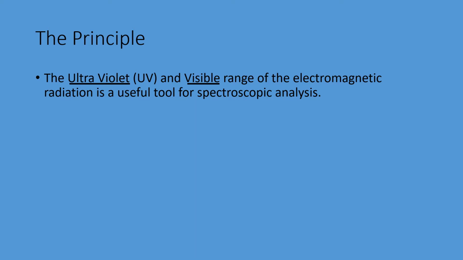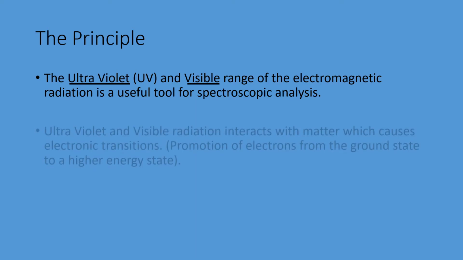The entire electromagnetic radiation has huge energy with a big range of increasing wavelengths, starting from gamma rays followed by X-rays, ultraviolet, visible, infrared, microwaves and radio waves, etc. This is a big subject by itself, but among all, today's topic is limited to the use of the ultraviolet and visible range of the electromagnetic radiation.